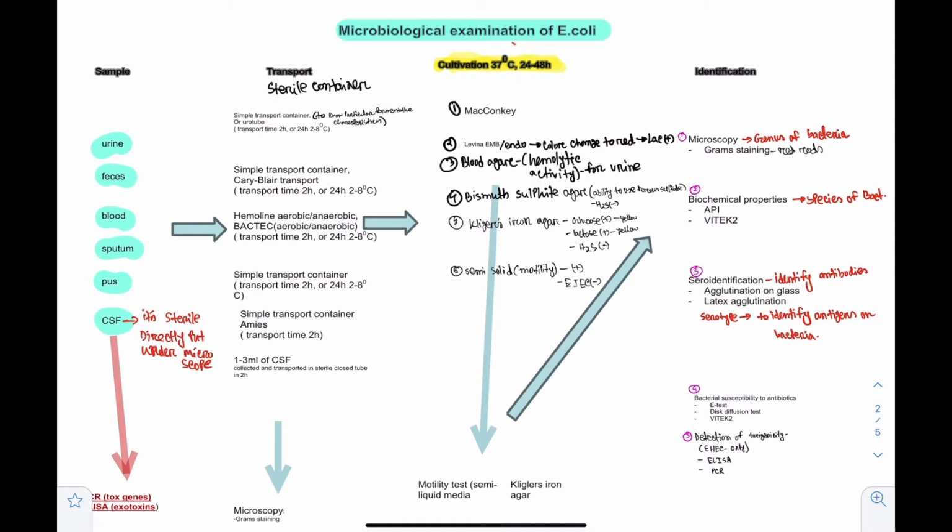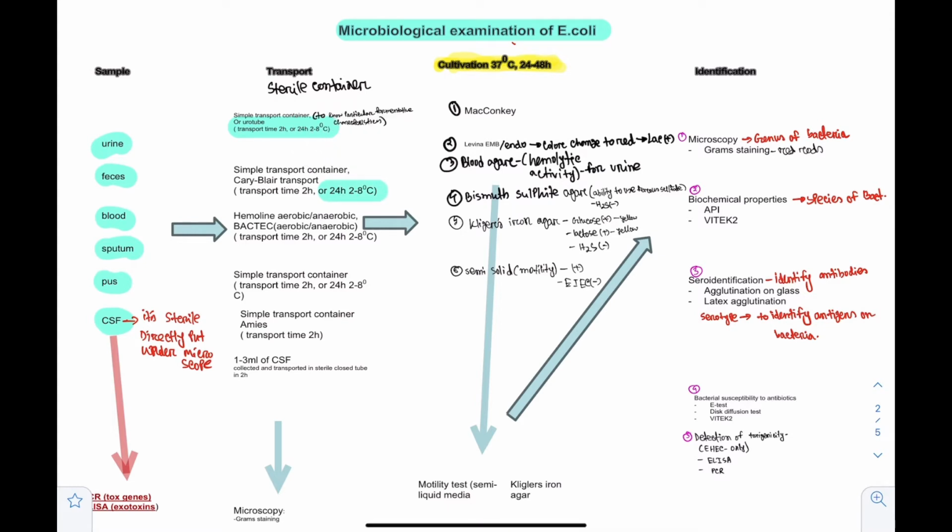Then we need to transport the sample we took from the patient. We need to transport the sample as soon as possible, within 2 hours, because if we use a simple container, the sample will be safe for 2 hours, and the temperature must be 2 to 8 degrees, and also 24 hours.